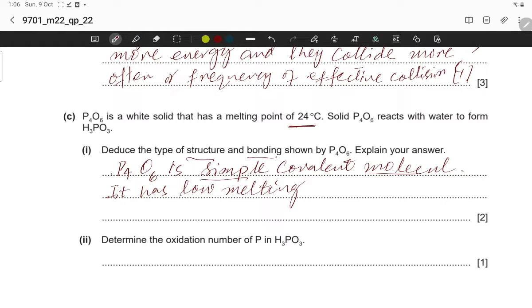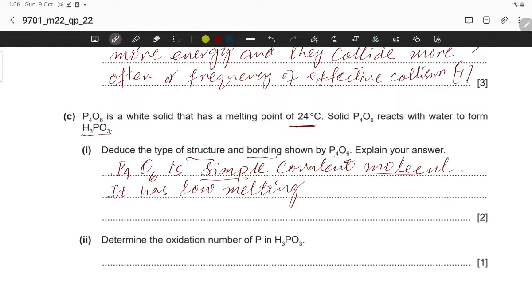It reacts with water to form H3PO3. It is a non-metallic oxide or acidic oxide. This is the property of acidic oxides: they are hydrolyzed when they dissolve in water to form an acidic solution. So H3PO3 is an acid.